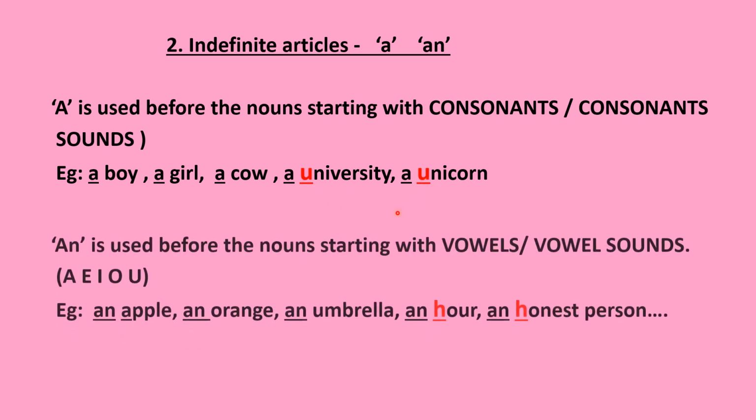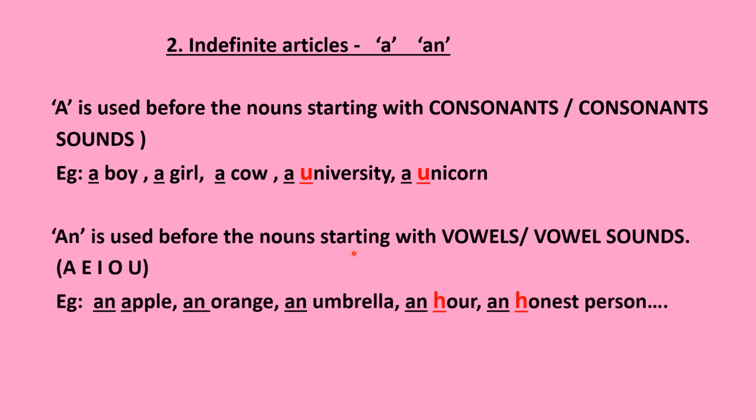And an. An is used before the noun starting with vowels or vowel sounds. These are the vowels A, E, I, O, U, and they give different sounds. These 5 letters give 20 vowel sounds. Example, an apple, an orange, an umbrella. These are the exceptions: an hour, an honest.